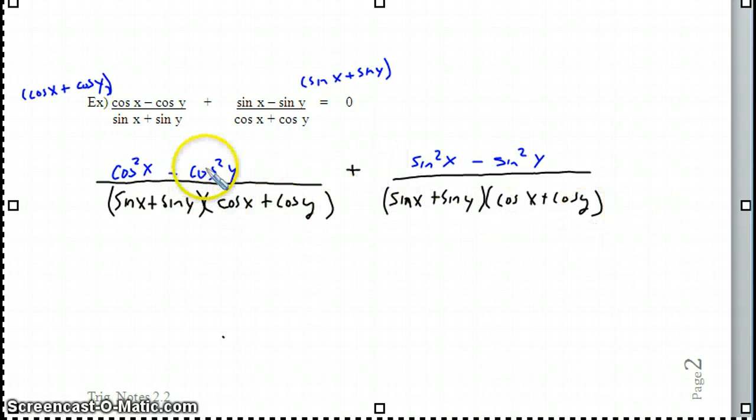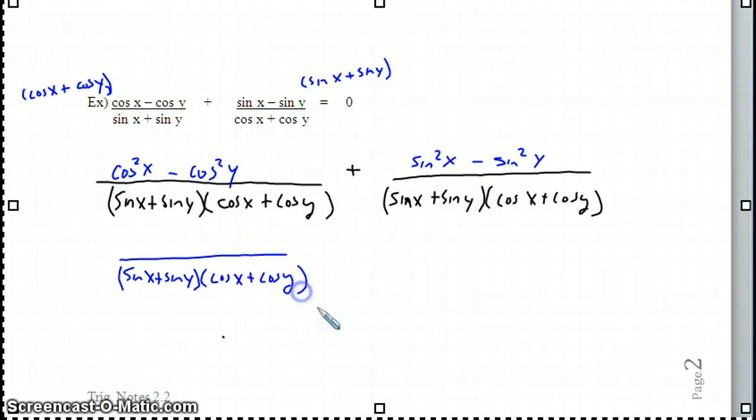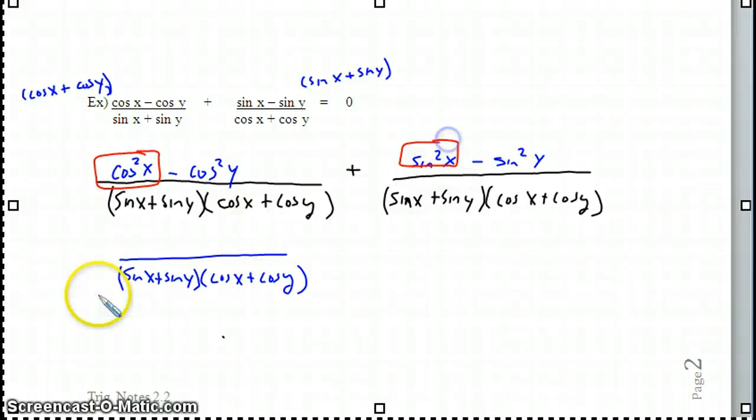So now I can combine this by writing it as one denominator. My denominator is sine x plus sine y times cosine x plus cosine y. Now when I combine these together, the way I'm going to choose to do it is take my x terms, which is this and this, and put them right next to each other.